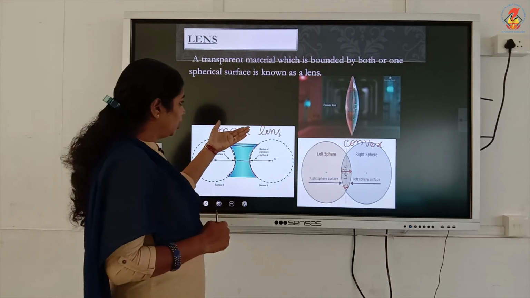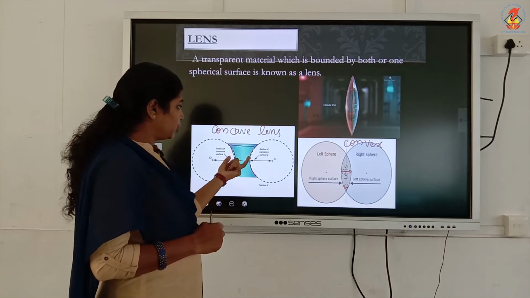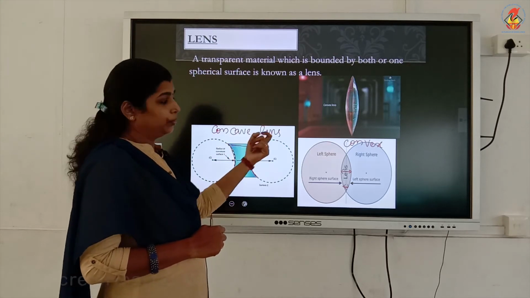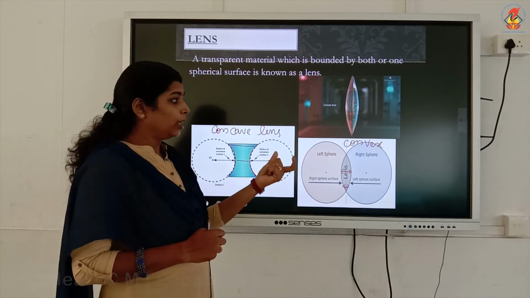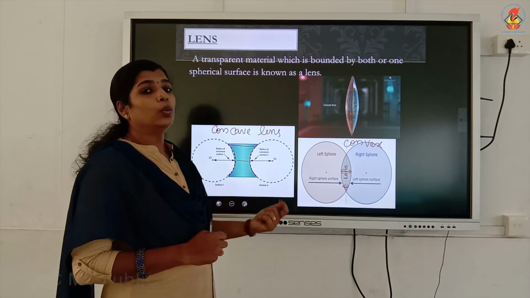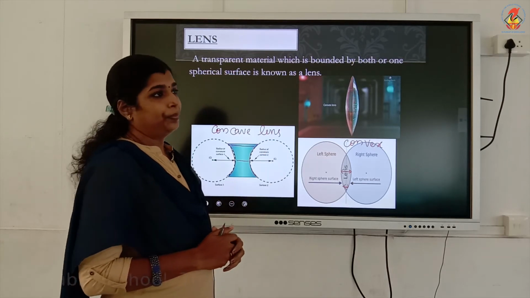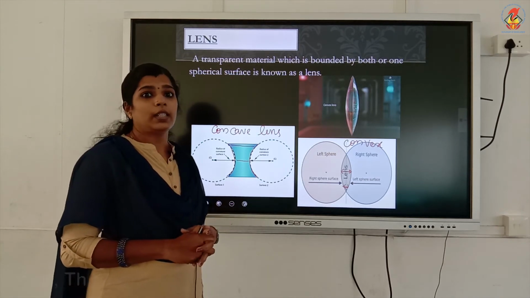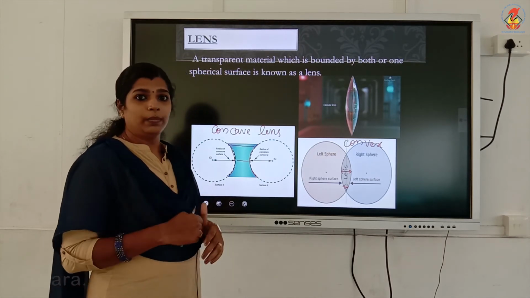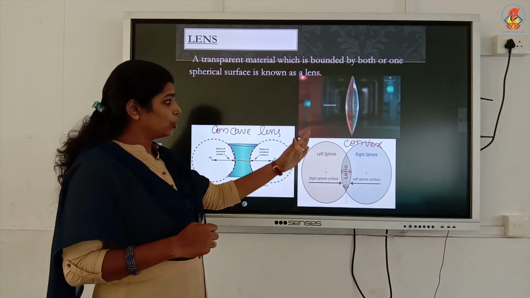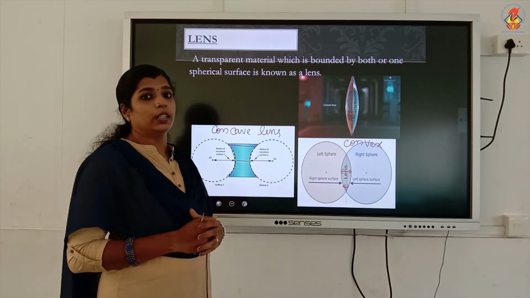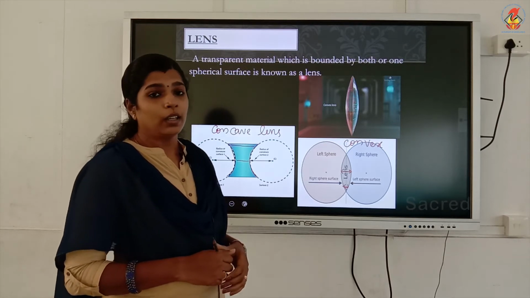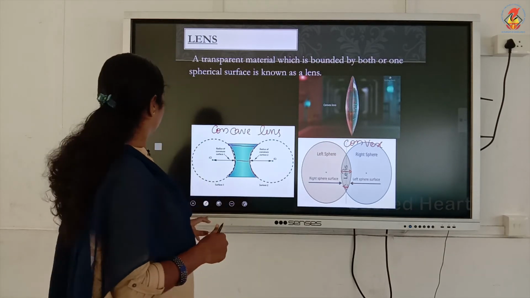For a concave lens, the middle portion is thin and towards the edges it is thicker. For a convex lens, the middle portion is thick and towards the edges it is thinner. Since both surfaces are curved, we call them double concave or simply concave, and double convex or simply convex lens.